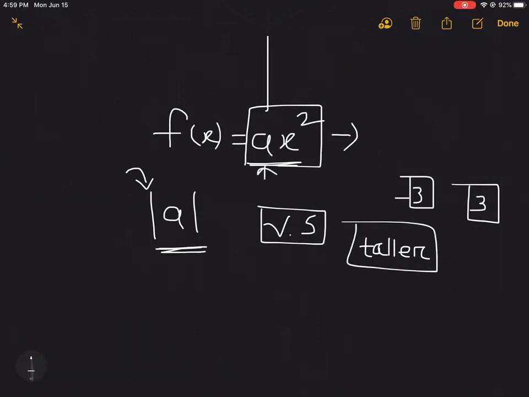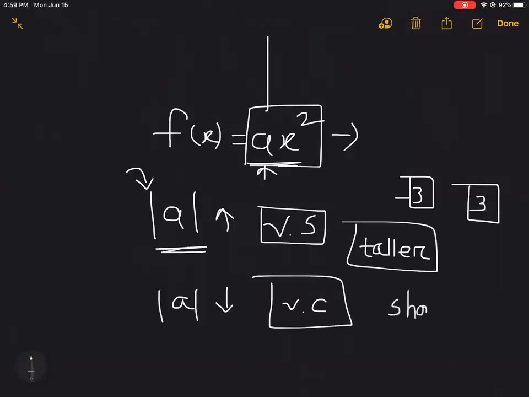Okay. Now, this clearly means your intuition should say if a is decreased and it's very close to 0, okay, then it's actually vertically compressed, right? Or in other words, it gets shorter.